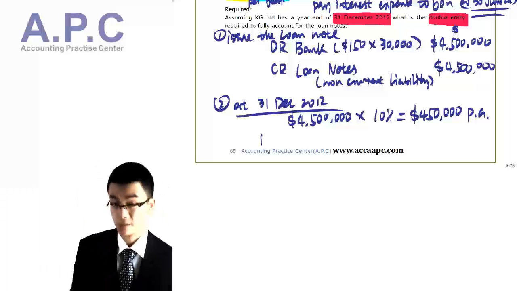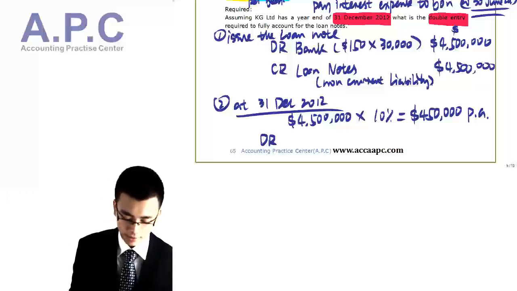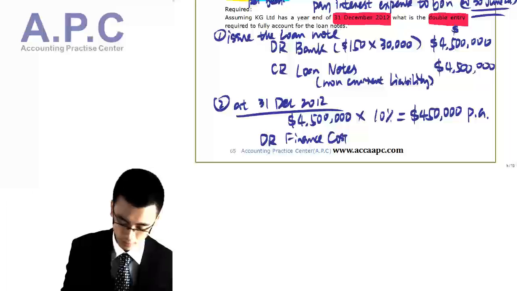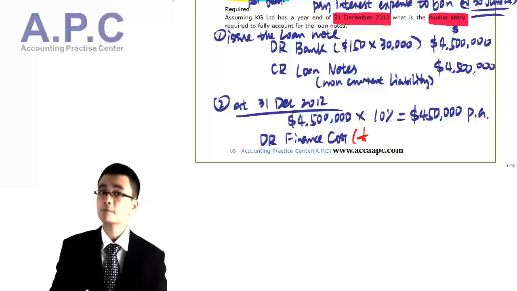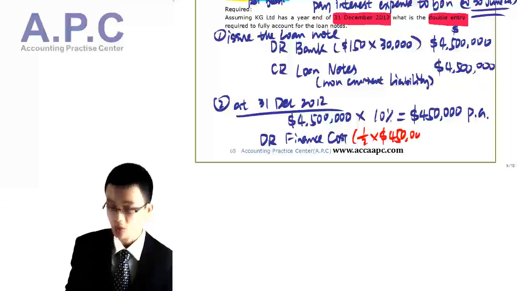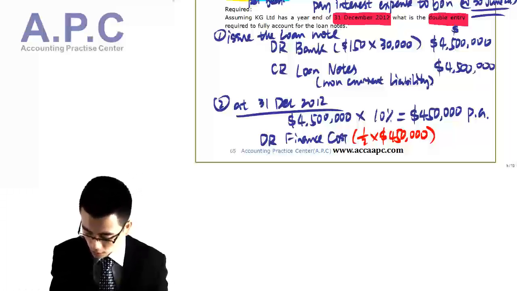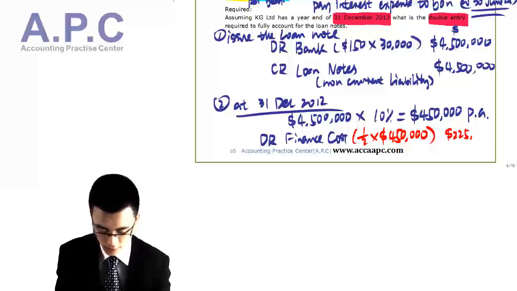For limited companies, this is the finance cost, but for half a year only. So half a year multiplied by $450,000 gives $225,000.